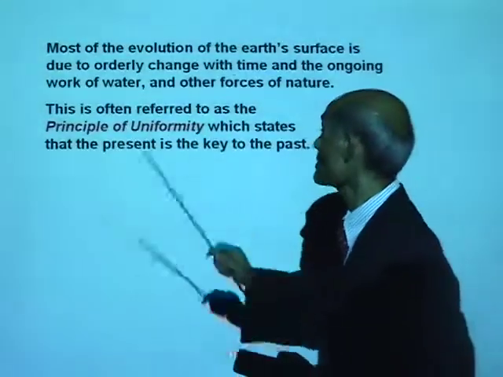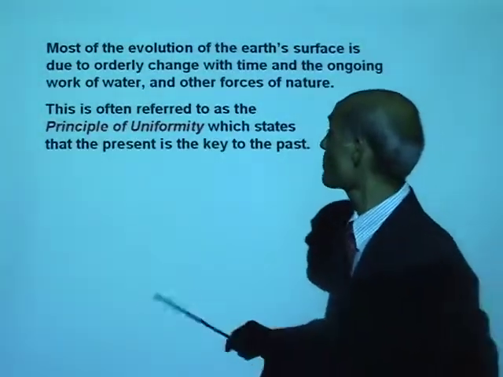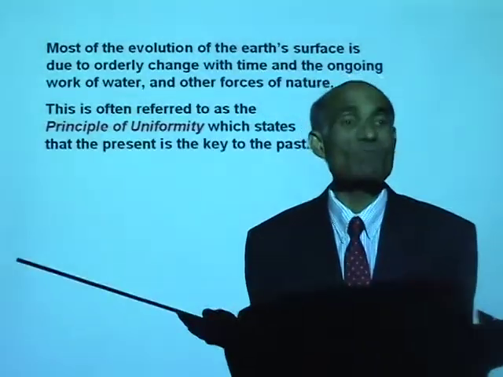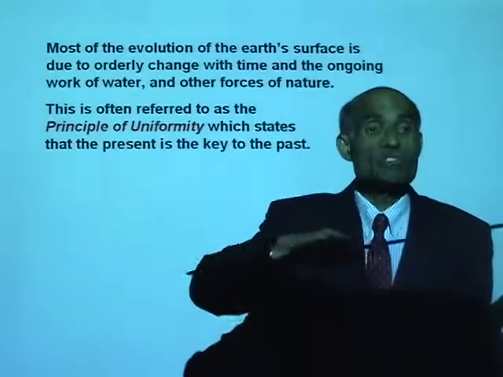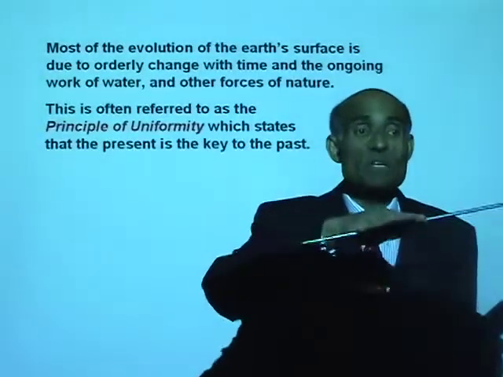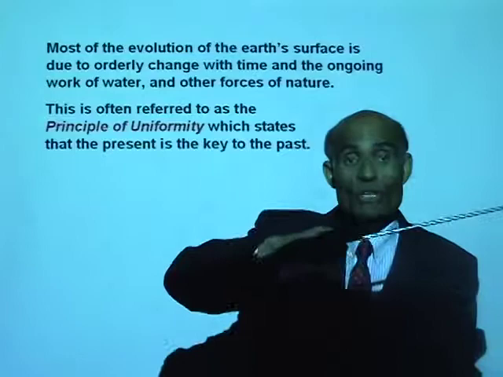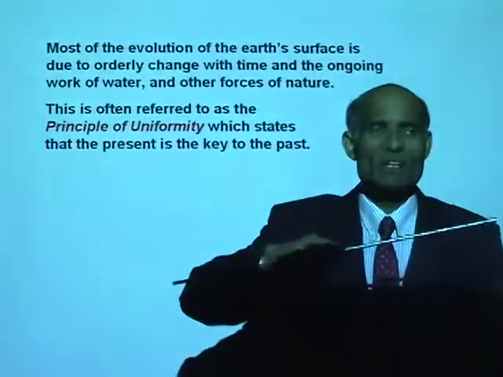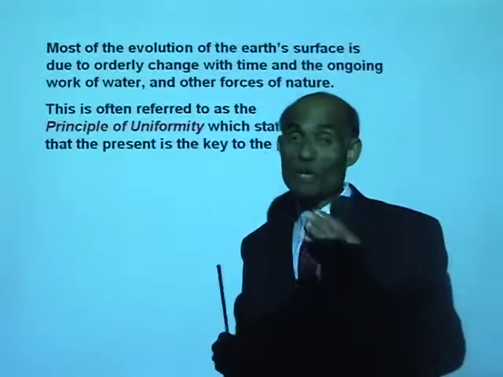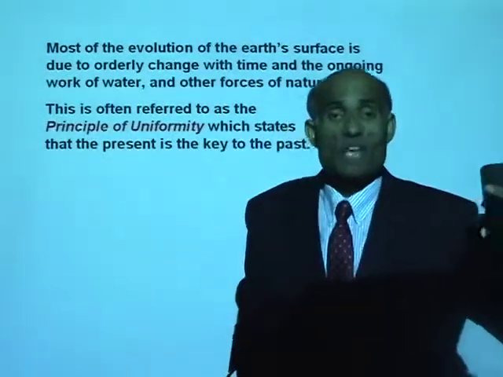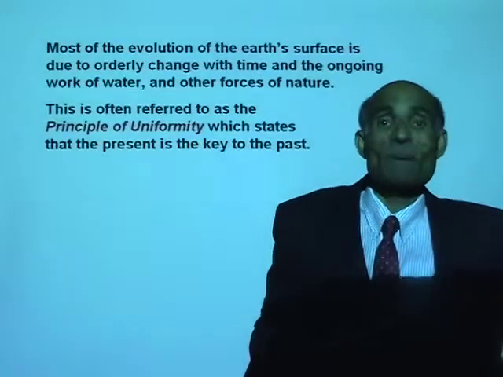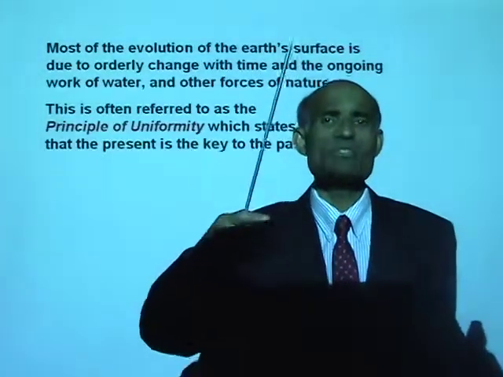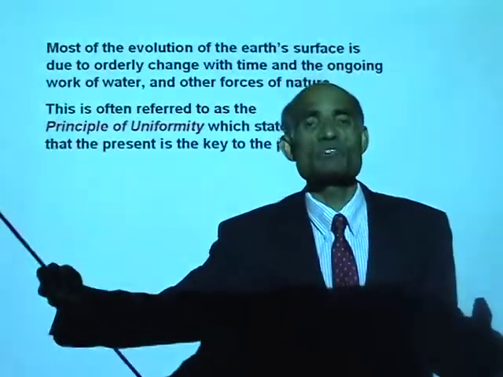Now, this is often referred to as the principle of uniformity. What does the principle of uniformity say? The changes on the Earth's surface have been taking place in an orderly manner. It means there's some predictability about it in an ongoing manner. That means if you understand what has been happening for the past 200 years, you probably will have an understanding of what will happen in the next 200 years.